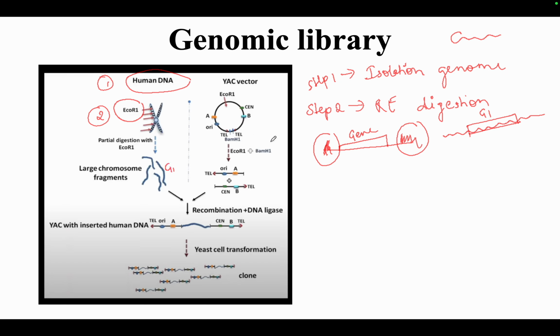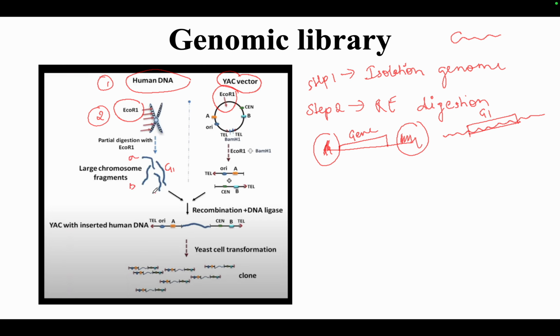Now simultaneously we will also have a restriction site cleavage point here, EcoR1, and we'll simultaneously cleave the YAC vector. Here we are using a YAC vector. For large genome sizes, we generally use yeast artificial chromosome because it packages a lot of DNA into it. So it will package each fragment.